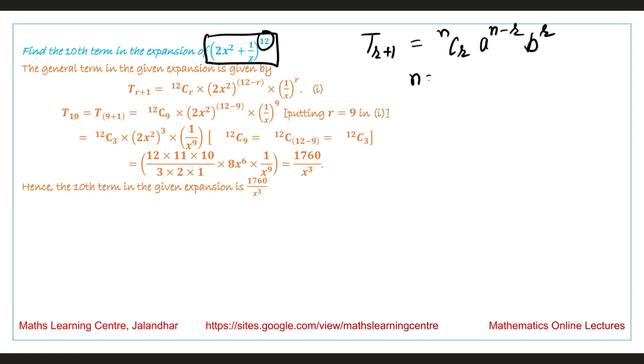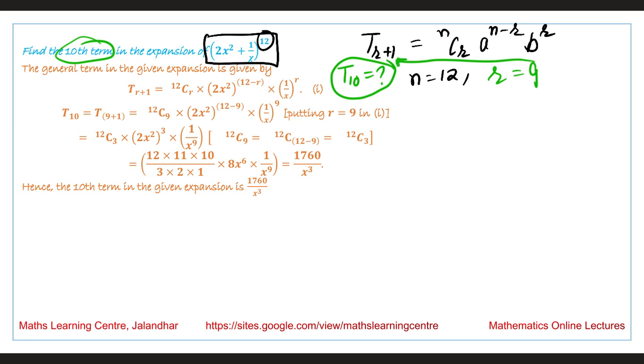Over here the value of n is 12, and we want to calculate the 10th term. It means we want to calculate T10. So the value of r will be 9, then r plus 1 will be 10. So T10 is equal to T of 9 plus 1, that is equal to 12C9, a raised to the power n minus r, it is 3, b raised to the power r, it is 9.